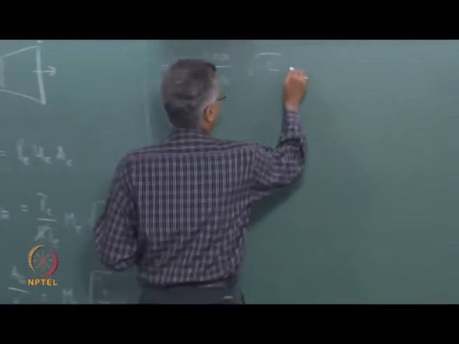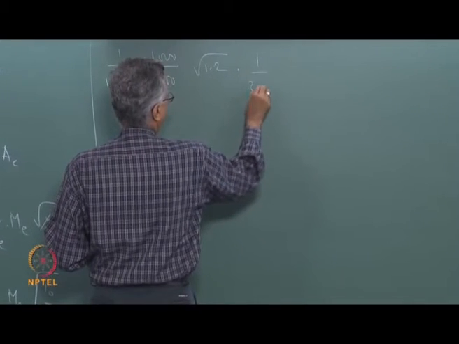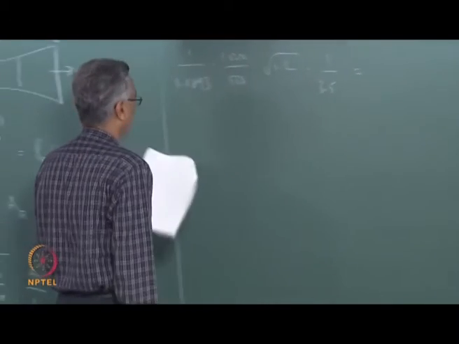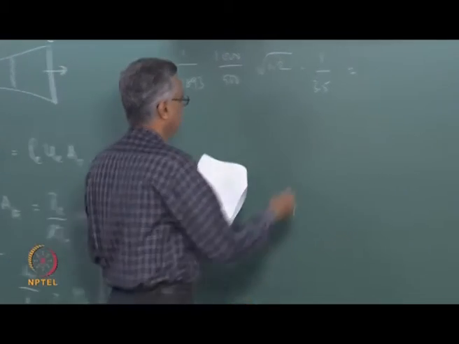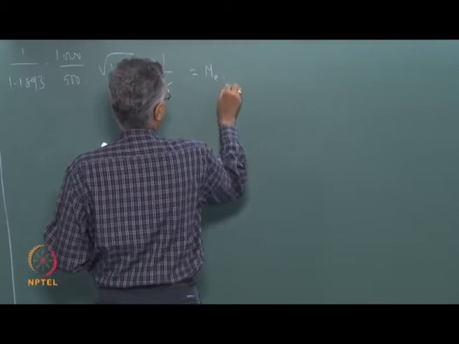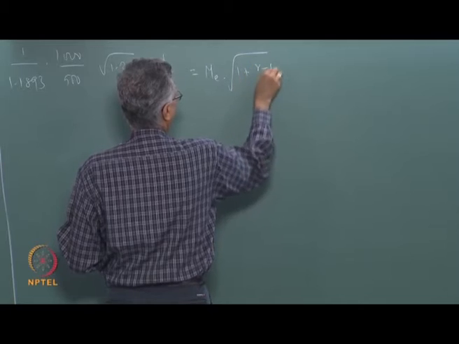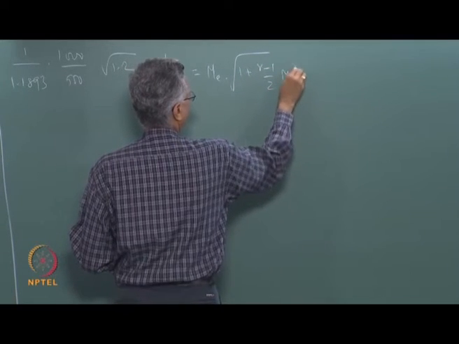We are also given that A exit over A throat is 3.5, so this is 1 over 3.5, and this can be written as M exit times square root of 1 plus gamma minus 1 over 2 times M exit square.